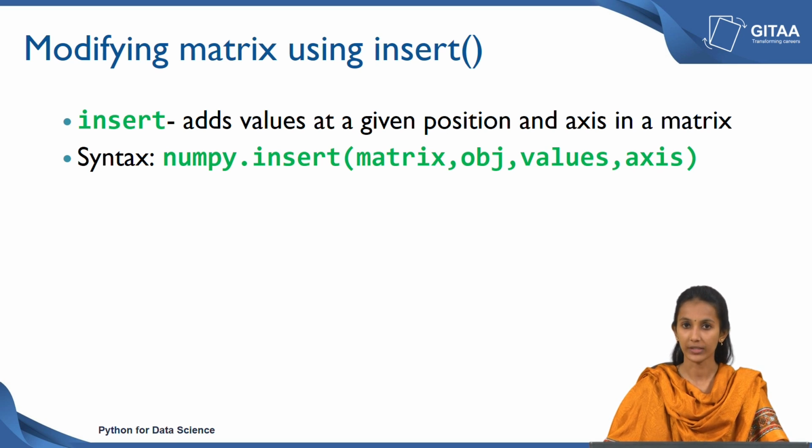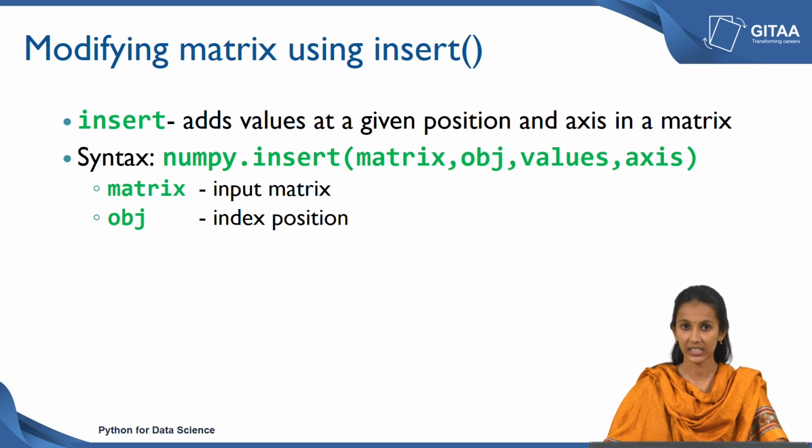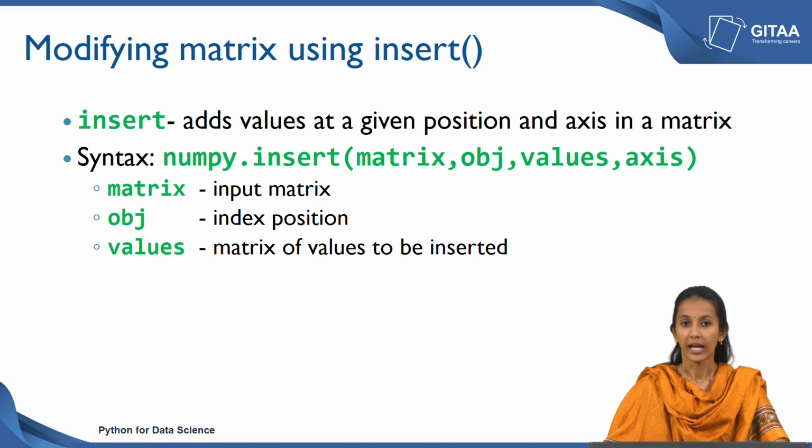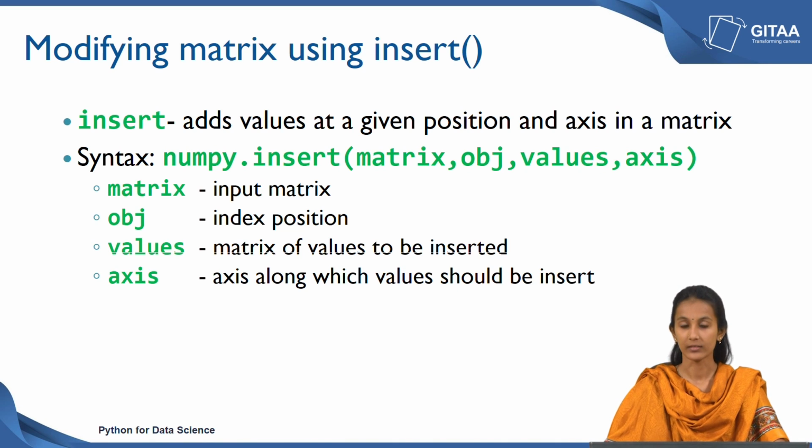You have to specify the matrix, which is the input matrix, and then the object, which means the index position at which you need to insert, and the corresponding values, and then the axis. Axis equal to 0 is for rows and axis equal to 1 is for columns, which means along which axis you need to insert the matrix values.